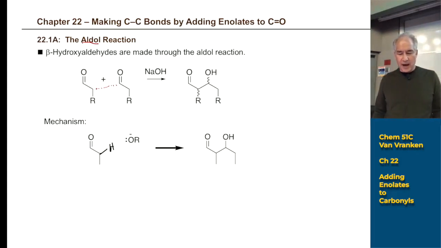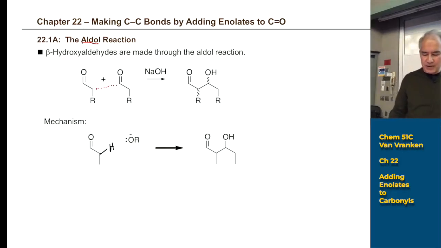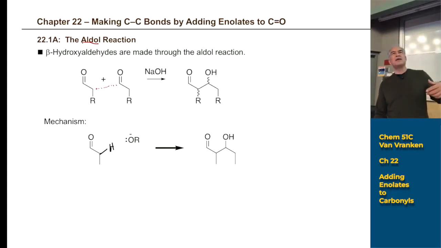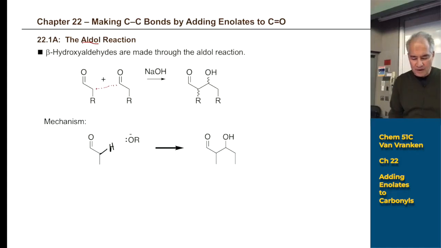You don't have to worry that much, if it's just an aldehyde or a ketone, about whether it's hydroxide or ethoxide or sodium methoxide or potassium t-butoxide. We're just using the OR as a base to deprotonate and make a small amount of enolate. You don't need a 100% yield of enolate. You just generate a small amount of this enolate intermediate, and enolates are powerful nucleophiles.